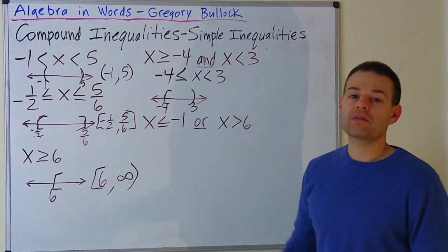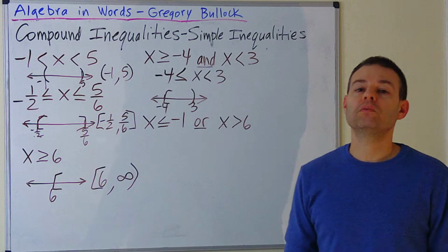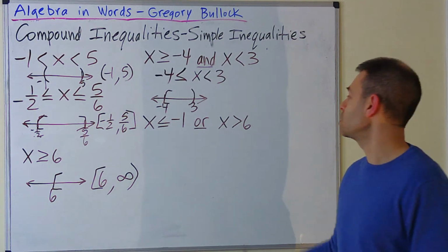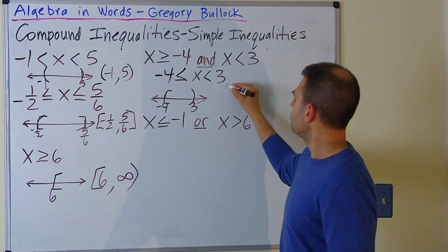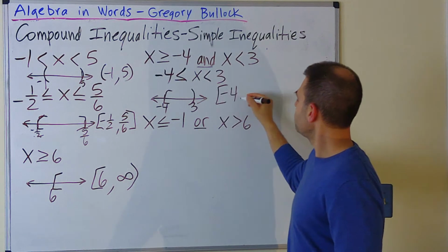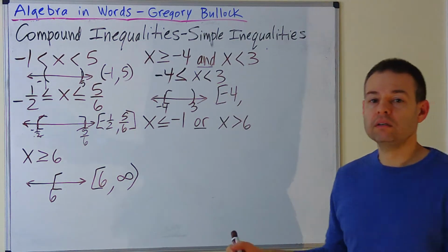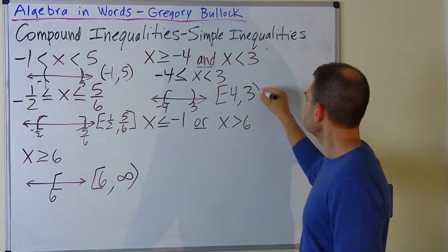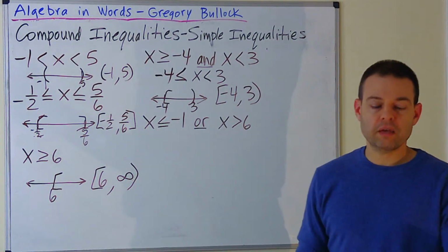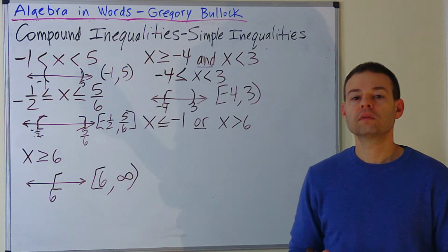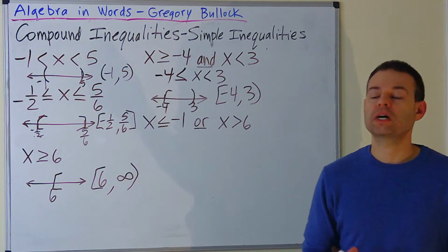So now that's our graph, and now that we have the graph, we can put that right into interval notation. It's going to look like bracket -4, comma, the higher number, 3, closed with a parenthesis.